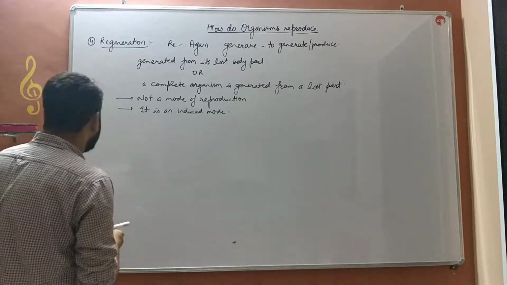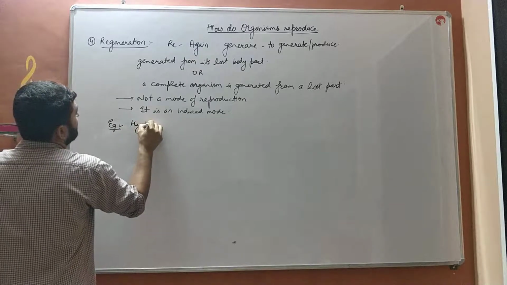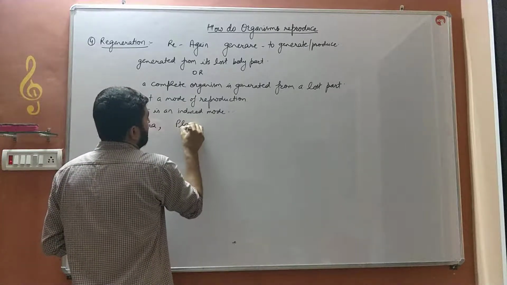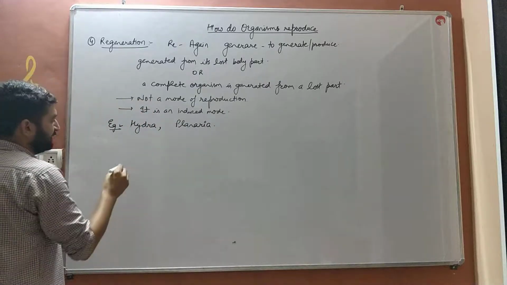So the examples of regeneration which we will study are hydra, which we will discuss in budding as well, and planaria. What happens, bache?